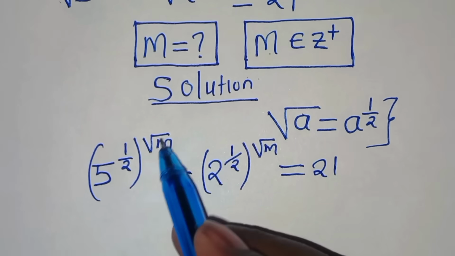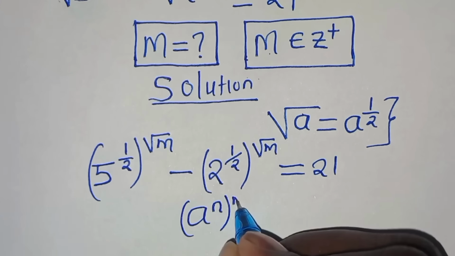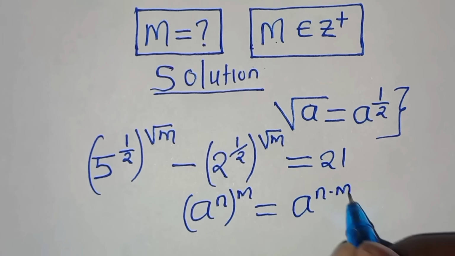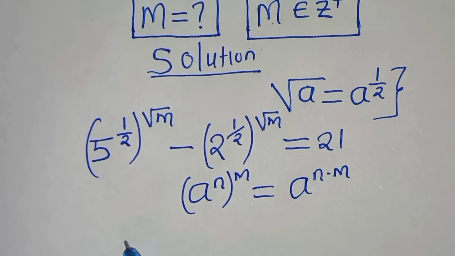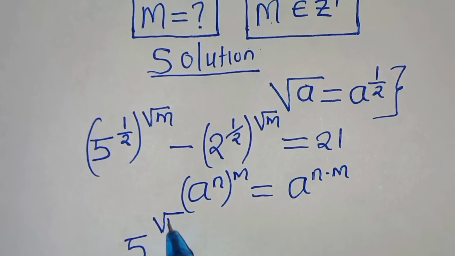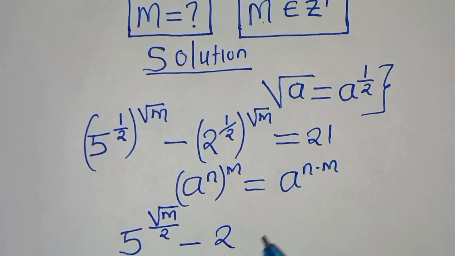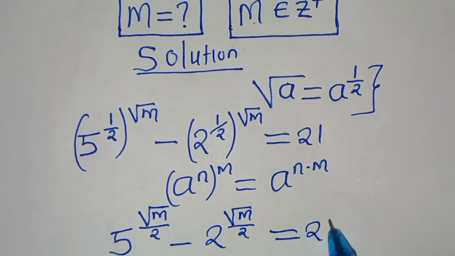Now, this is in the form of a to the power of n, raised to the power of m, which we can express as a to the power of n times m. Applying this exponent property, we have 5 raised to the power of square root of m over 2, then subtract 2 raised to the power of square root of m over 2, equal to 21.